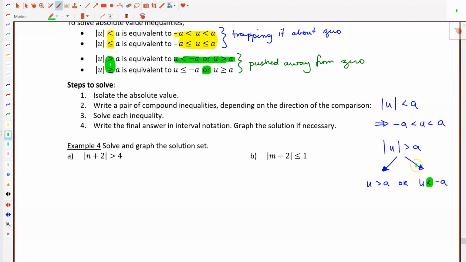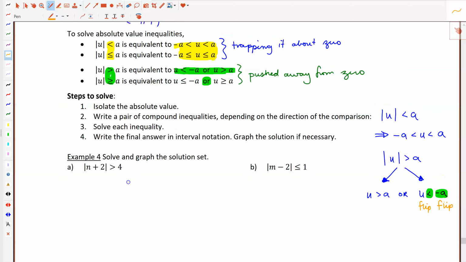It's reversed from how it looks in the original problem. So when I set up that second case, I like to think about this as being called the flip-flip. To set up the second case, you flip the inequality and have it open up the other way, and you also flip the sign of the number that is on the other side.